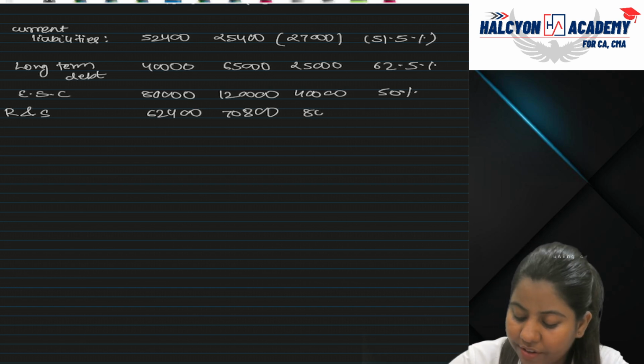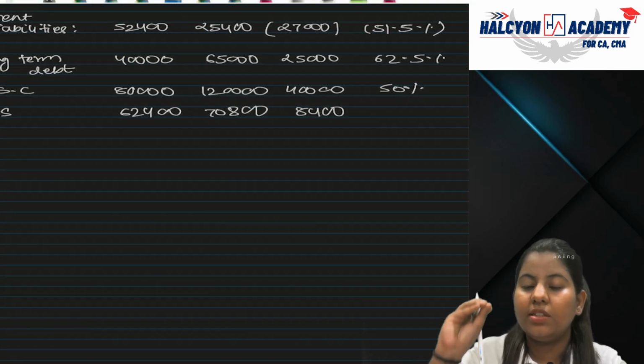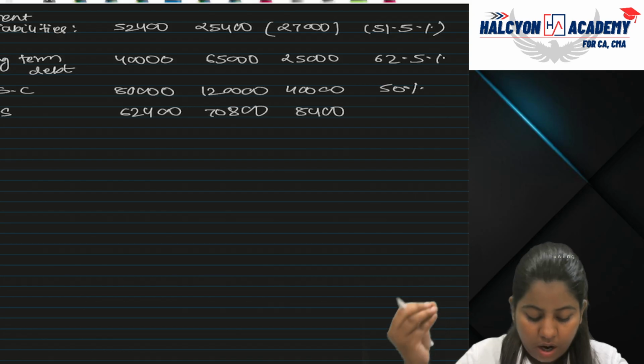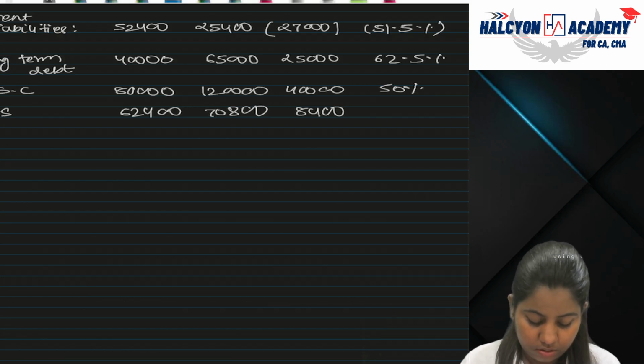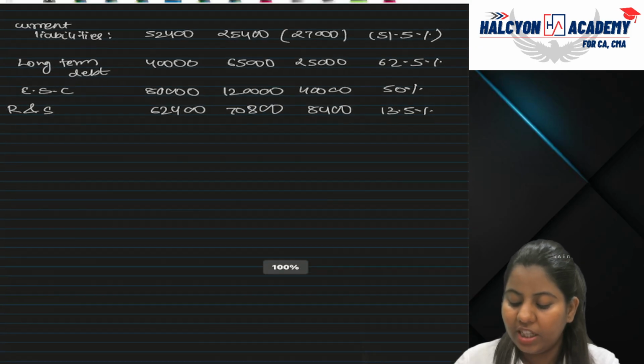By 8,400 rupees. And what will be the percentage change? 8,400 divided by 62,400 into 100. It will be 13.5%.